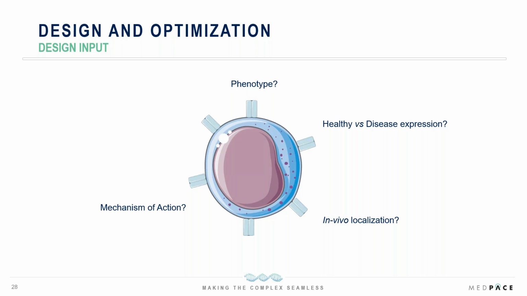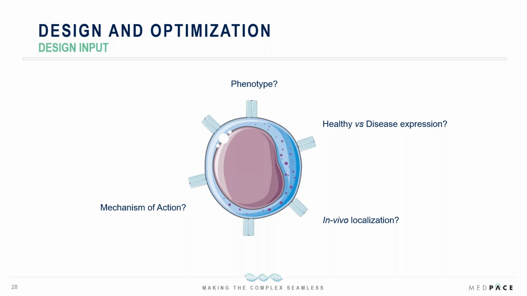So the first step during the design input is to understand the biology of the cellular populations of interest. So we can address some questions. For example, what is the phenotype of the cell population? How can we characterize these cells? Are they lymphocytes? Are they non-hematopoietic cells? What is the potential of activation of these cells? Can we find them in different states in healthy versus disease samples?